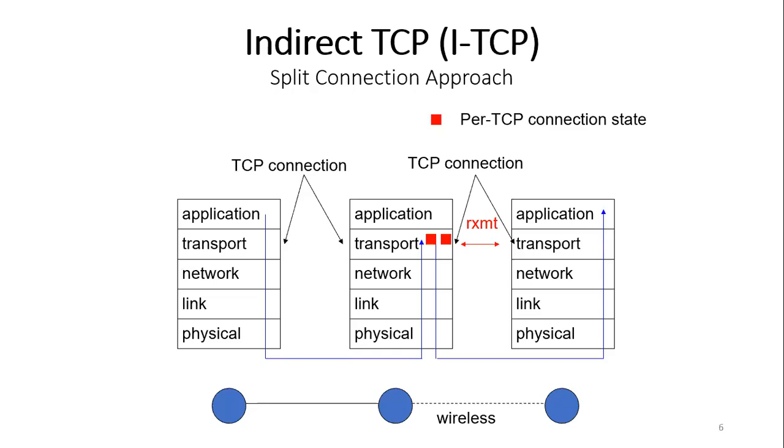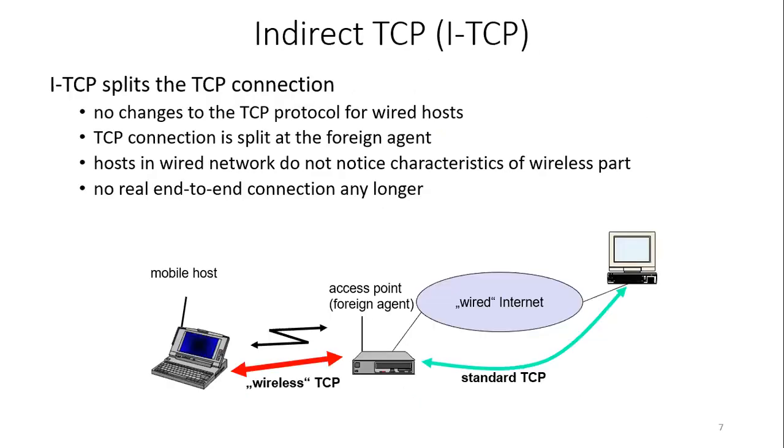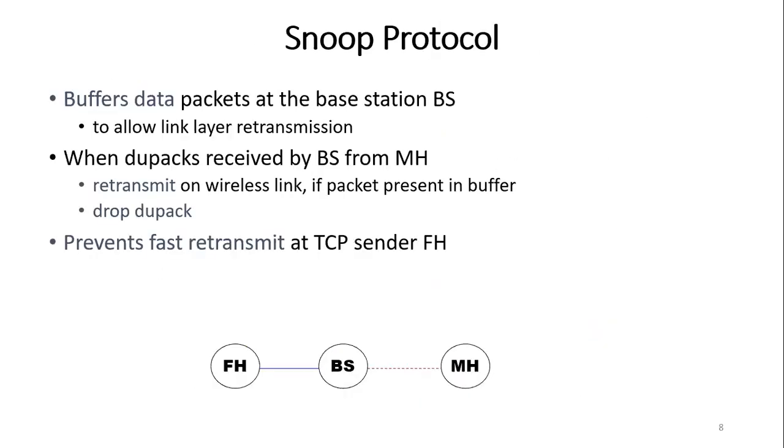But in the case of Snoop protocol, the base station buffers the packets, because it knows that the wireless link gets some temporary shutdown, which can be recovered quickly.